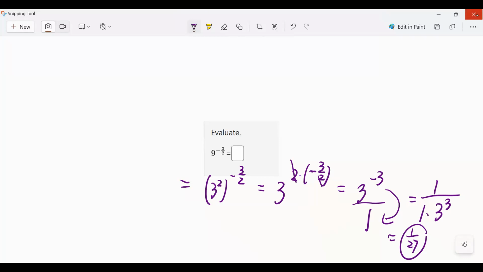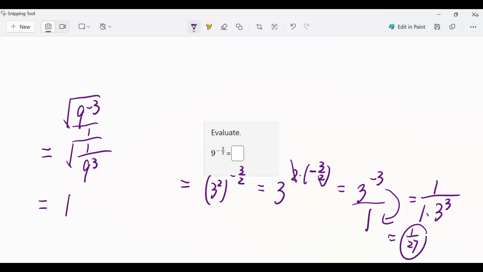Also, if you would like to do the root, we can do this. So it's going to be the square root of 9 to the 3rd power. Then we make a fraction. So it will flip to the bottom, so it will be 1 over 9 cubed. Square root of 1 over 9 cubed.